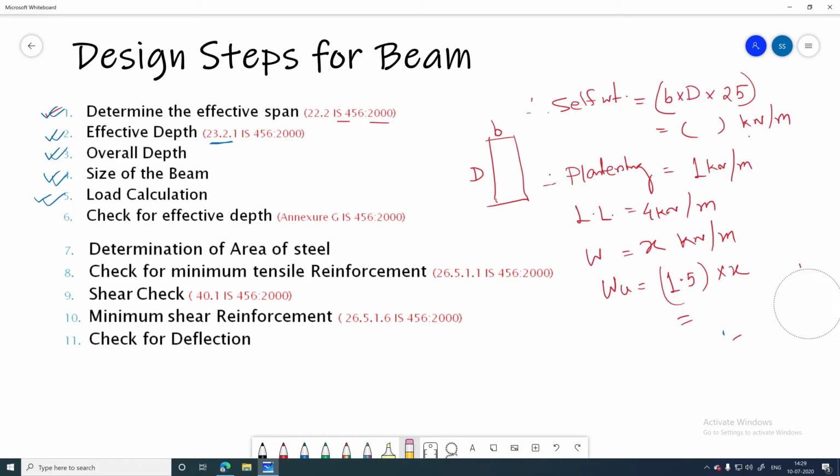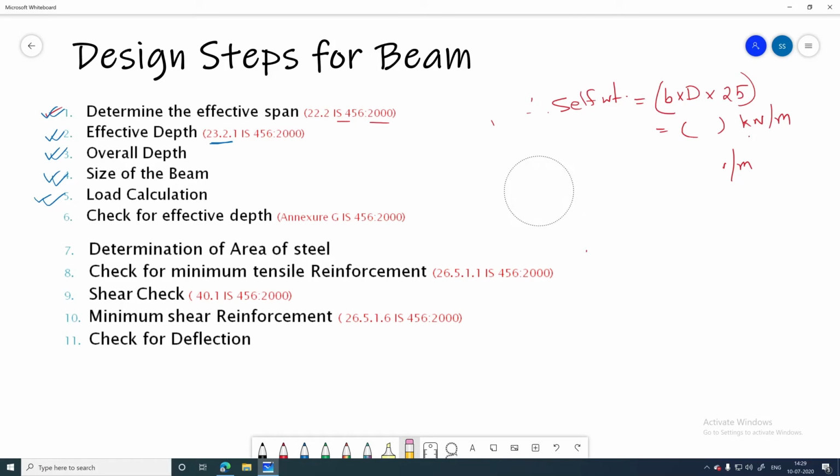Now when the load calculation is done, then we need to check the effective depth. For that we need to go to Annex G of IS 456:2000. So let's go.